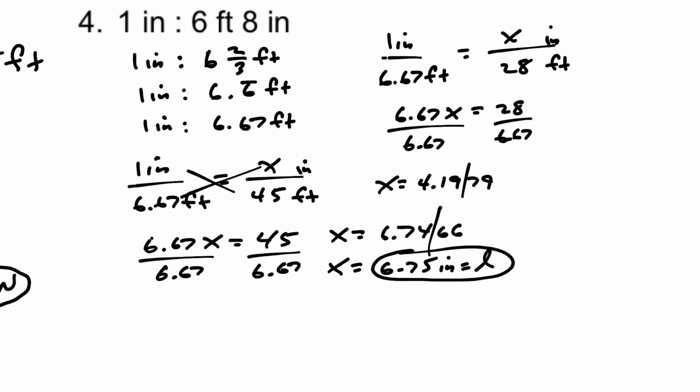So I am going to get 4.20. And that is going to be the width in my drawing. I guess I should put units on that. So the width on my drawing is 4.20 inches.